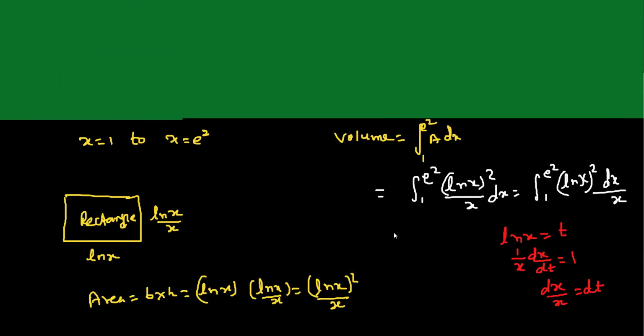Okay. Now change the limit also. Limit of x was 1 to e square. When you put x equal to 1, log 1 becomes 0. And when you put e square, log e square, you can also write 2 log e by log property.